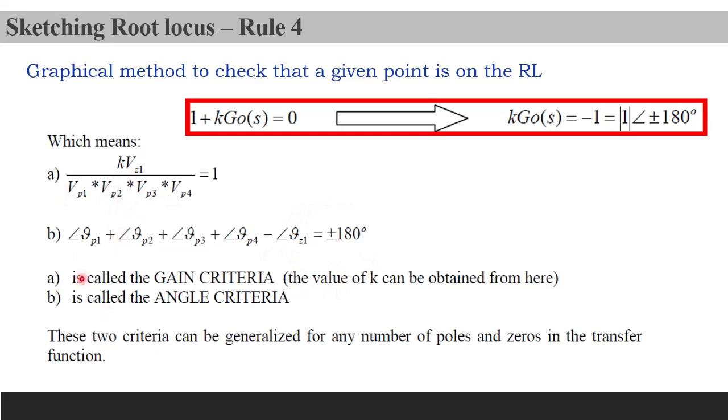rules can be individually named. The first one can be called the gain criteria or gain rule. Preferably we can call it gain criteria, because we have already seen the rules, so let's not confuse the nomenclature. And for angles, the second rule or second criteria would be your angle criteria.